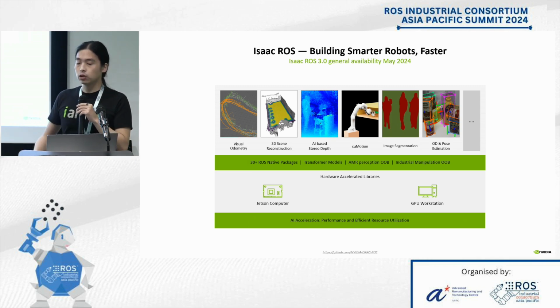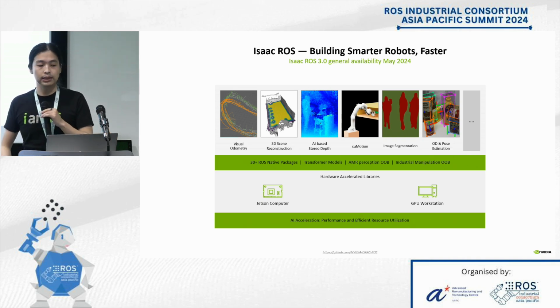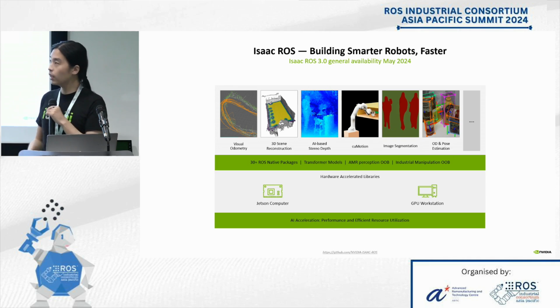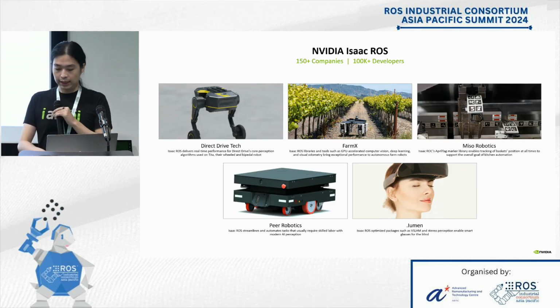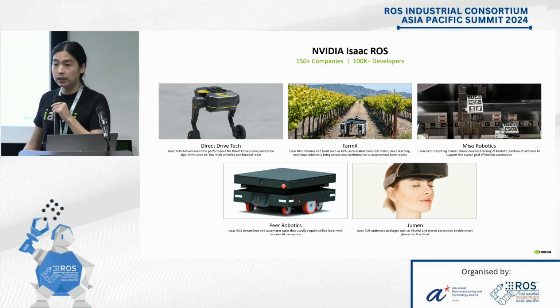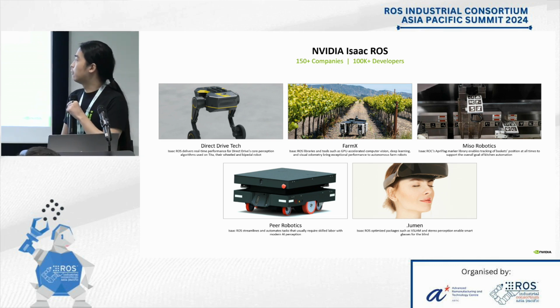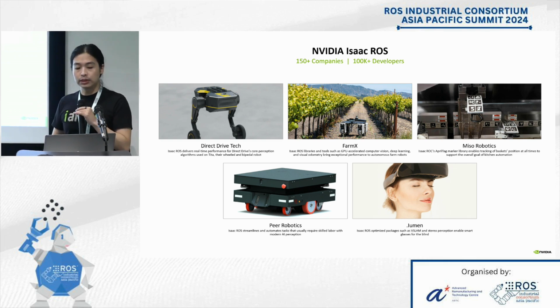But of course, most of the time you may want to fine-tune it to suit your use cases and your data set better. And nowadays, Isaac ROS has already been used by a lot of companies in the field, like Direct Drive Tech and FarmX. They all use these things in one way or another to develop their own solutions.